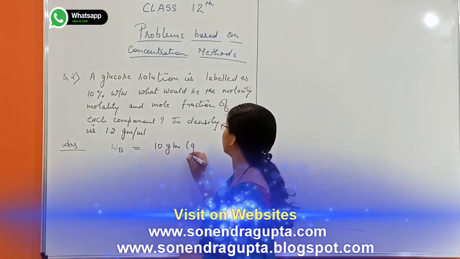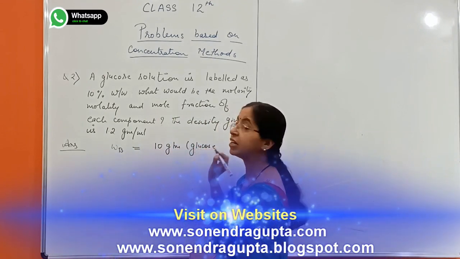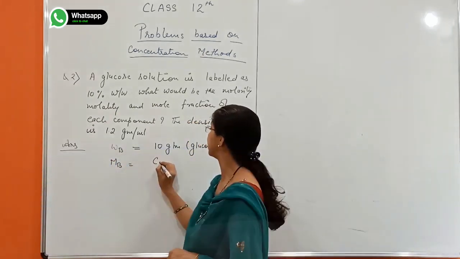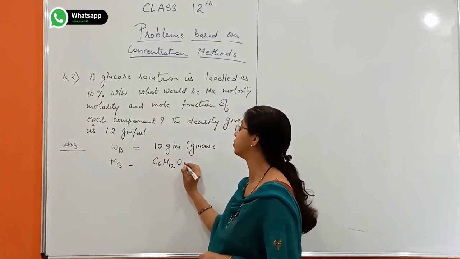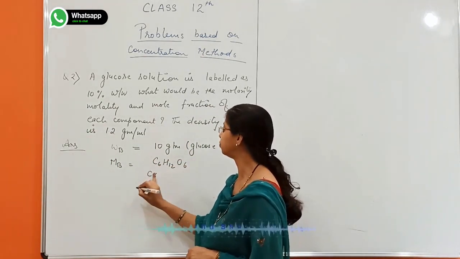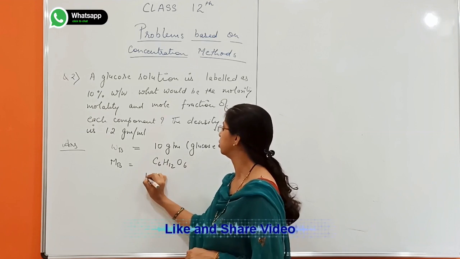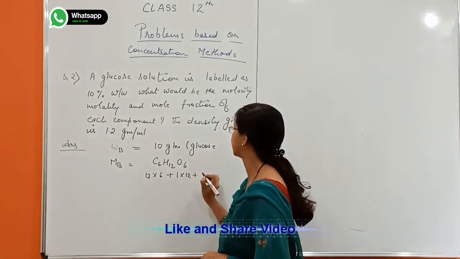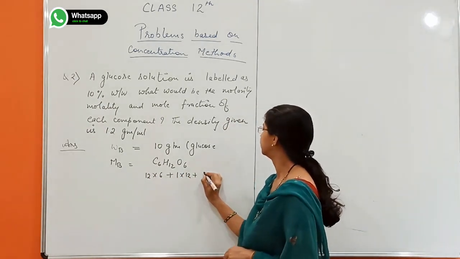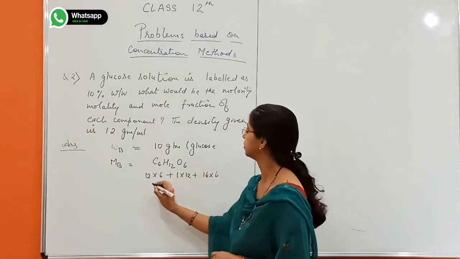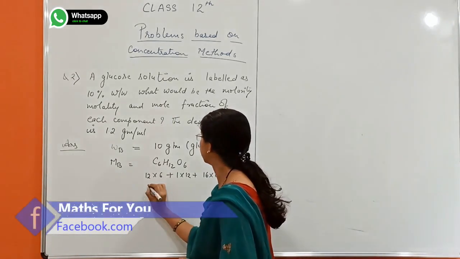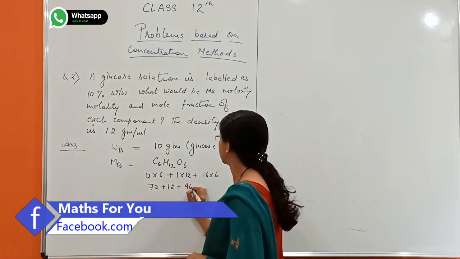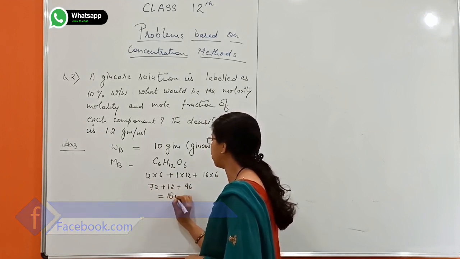It is glucose, so MB is C6H12O6. So 6 into 12 plus 1 into 12 plus 16 into 6, which is 72 plus 12 plus 96, so it comes out to be 180 here.